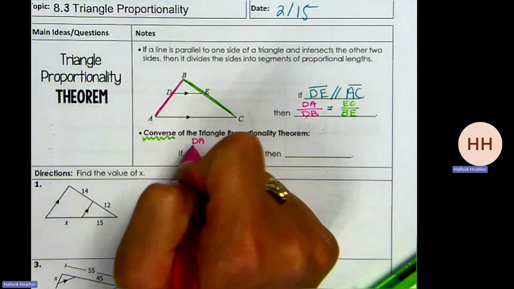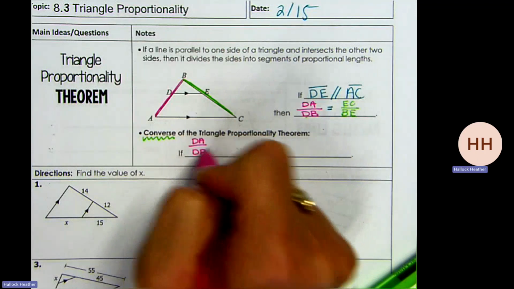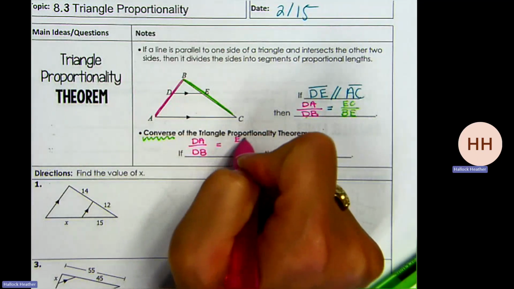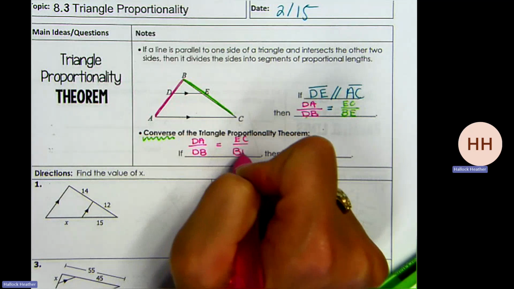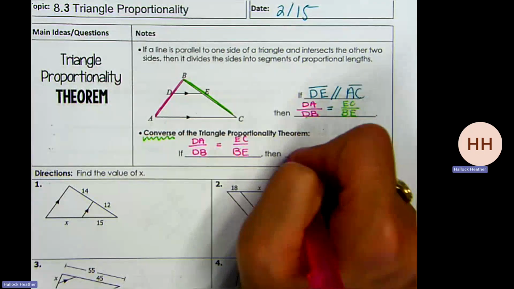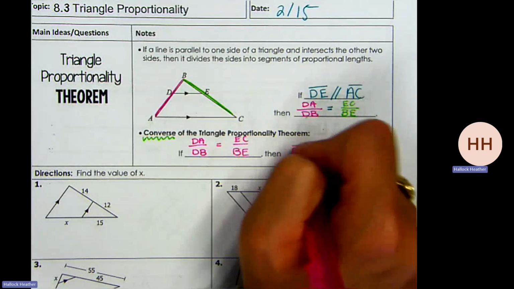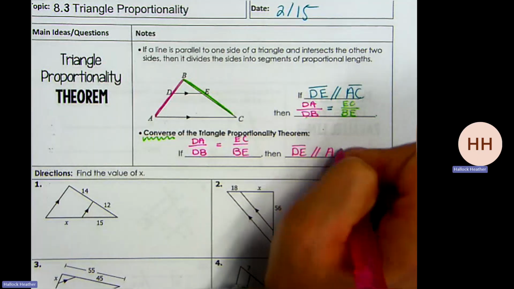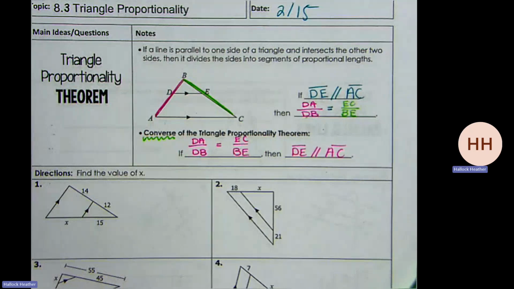If DA over DB is equal to EC over BE, so the same exact proportion, then I know that the two lines are parallel to each other. So it's kind of like using common sense. If I know one thing about something, then I can go the opposite and say the same thing, just backwards. So we're going to do number 2.